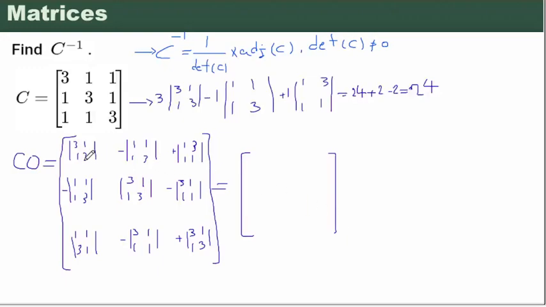Now I will find all the elements of this matrix, which is 9 minus 1, 8. 1 times 3 minus 1 would be 2, negative 2. 1 times 1 minus 3 would be negative 2.